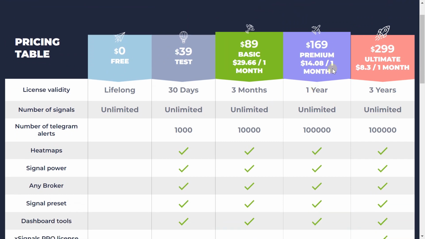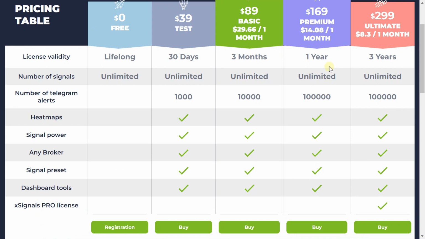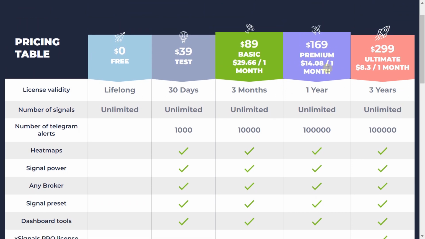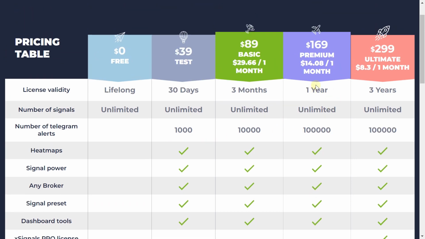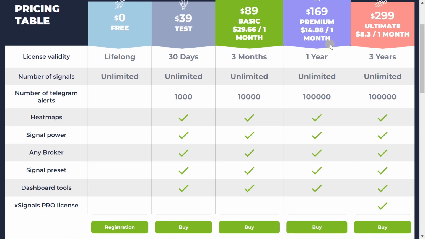So the fourth plan is what we call the premium plan. This plan comes with unlimited number of signals and 100,000 Telegram alerts, and it runs for 1 year, costing you around $169. So these are roughly $14 per month. So this one will get you for 1 year.